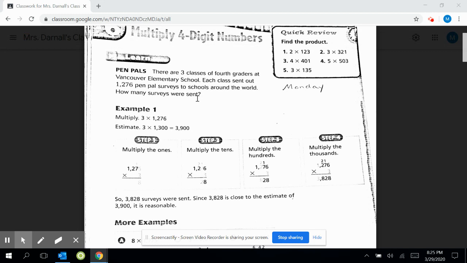So in order to figure that out, we're going to multiply 3 times 1,276. And we can estimate that 1,276 is pretty close to 1,300, and so that would equal 3,900.